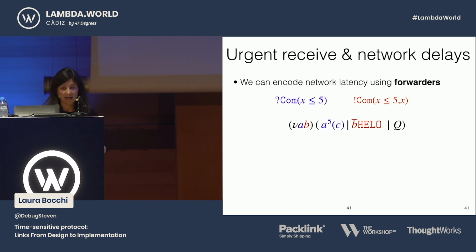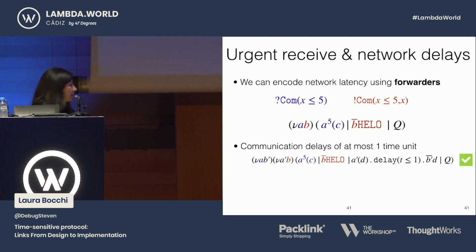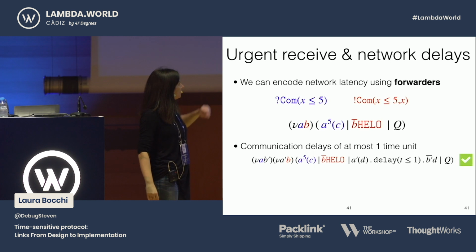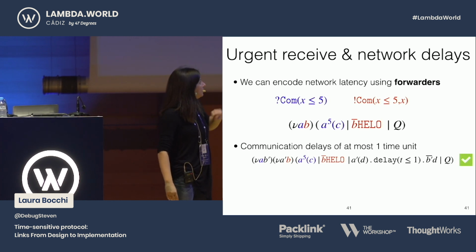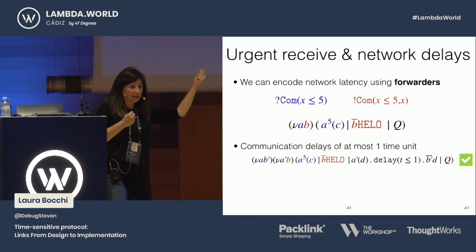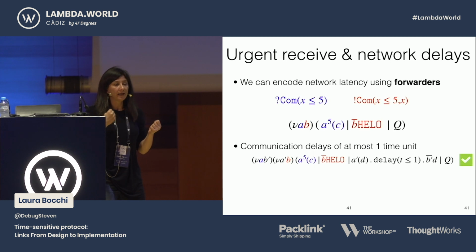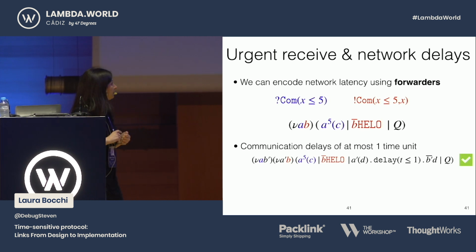model the network latency. For example, you see the blue is the server, the red is the client, and the black is the forwarder that takes a message from the client, delays for at most 1, and then gives it to the server.